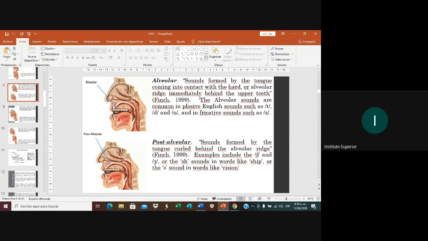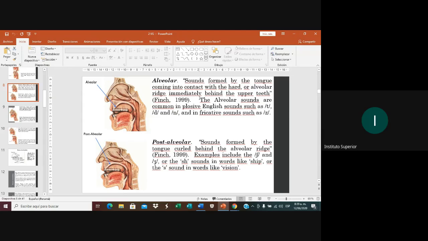The alveolar sounds are when you raise your tongue to the alveolar ridge and block the airflow. As you mentioned, we have different alveolar sounds, like T as in tap, D as in deep, S as in sweet, Z as in zoo, and L as in luck.